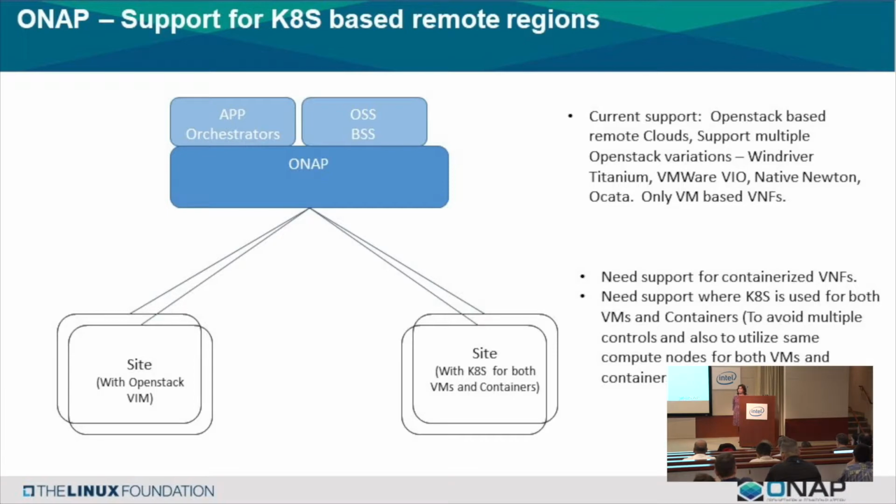You don't want to run just a few VMs on machines. So what we are going to do in Casablanca is add support in ONAP to be able to schedule containers on a Kubernetes deployment.